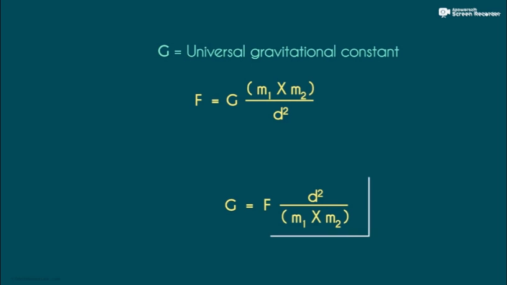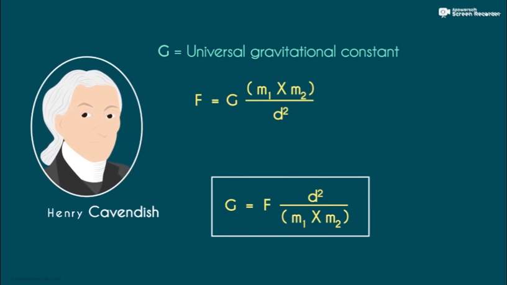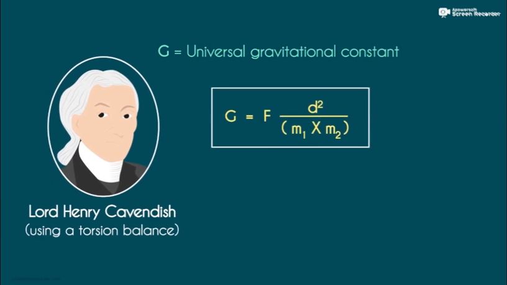The value of G was found by Lord Henry Cavendish using a torsion balance. The universally accepted value of G is 6.673 into 10 to the power minus 11. What will be the unit of G?